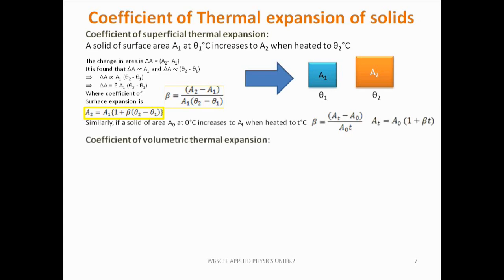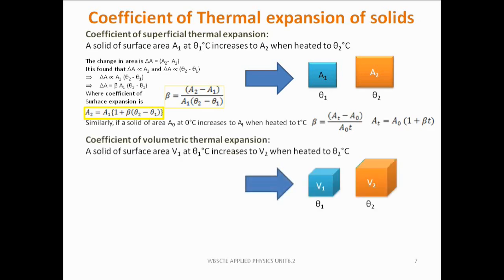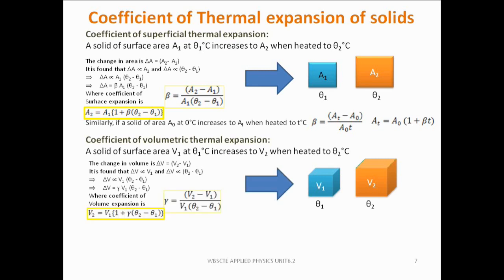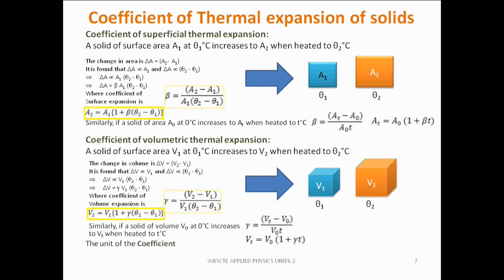For volume or cubical expansion, the derivation is done in the same way, and we obtain that gamma is equal to (V2 minus V1) by V1 into (theta 2 minus theta 1), and V2 is equal to V1 into (1 plus gamma into (theta 2 minus theta 1)).